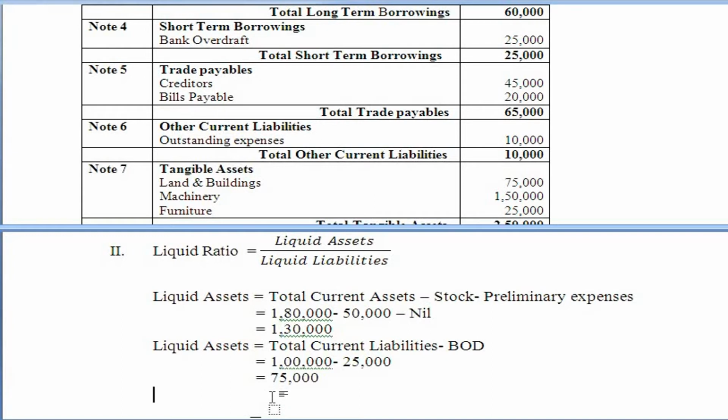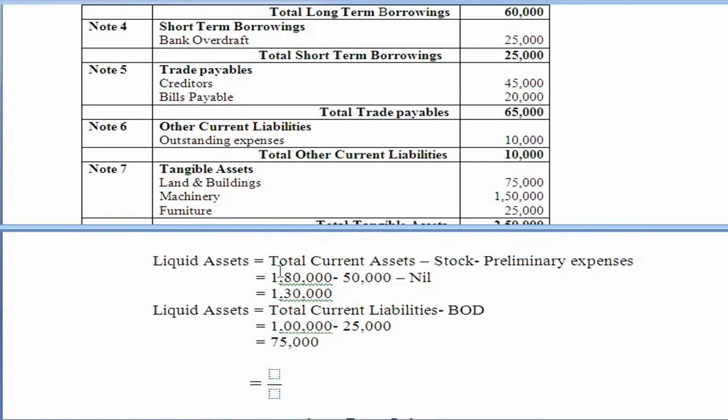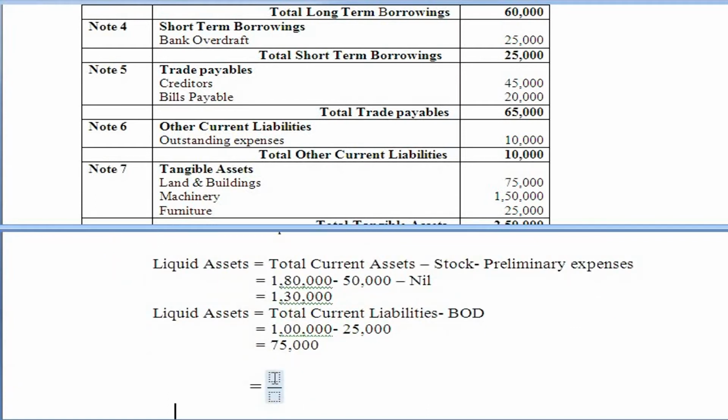Now put both the values into the formula. Formula is liquid asset divided by liquid liabilities. Amount of liquid assets 1,30,000, amount of liquid liabilities 75,000. So therefore liquid ratio is equal to 1,30,000 divided by 75,000.